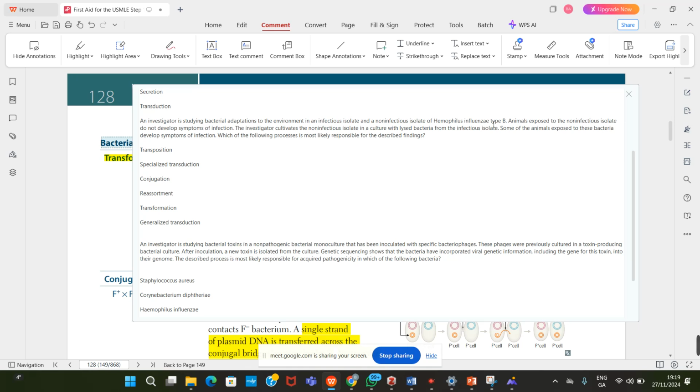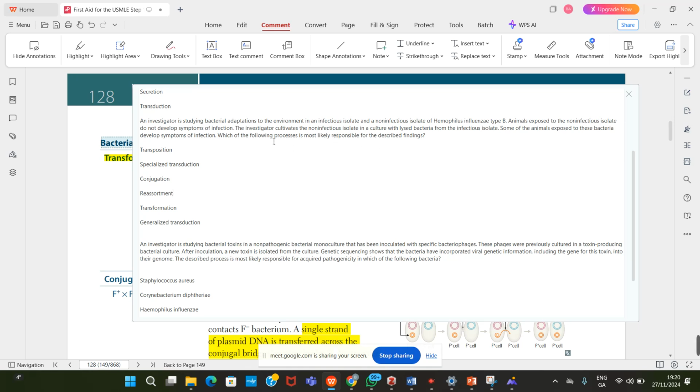Animals exposed to the non-infectious isolate do not develop symptoms of infection. There's nothing. They can't cause infection.